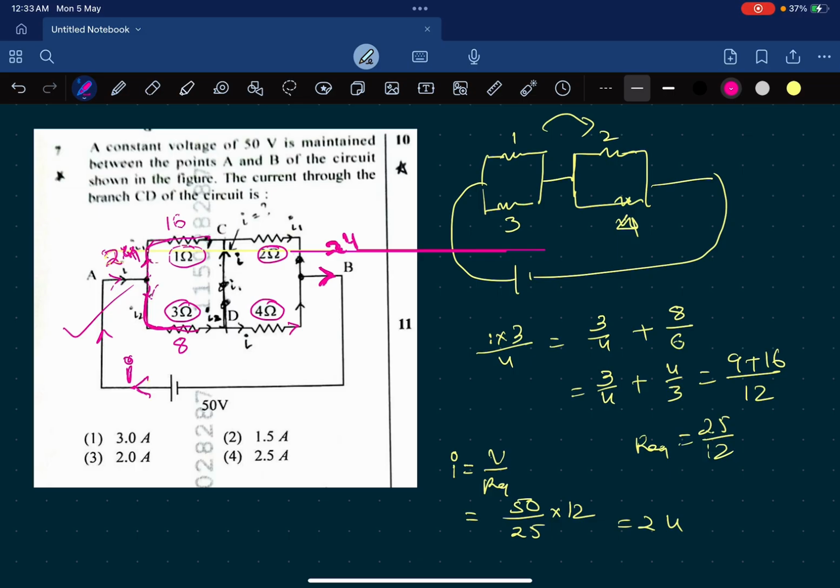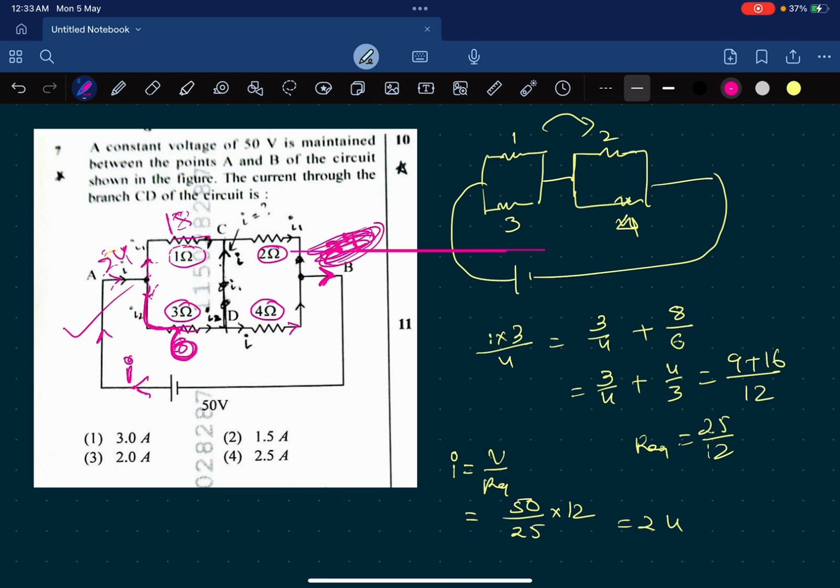Wait, I think this is 4. So if I divide this 24 by 4, one part will be 6, and therefore on this side 6 amperes of electric current will come out, and on this side 18 amperes of electric current will pass.